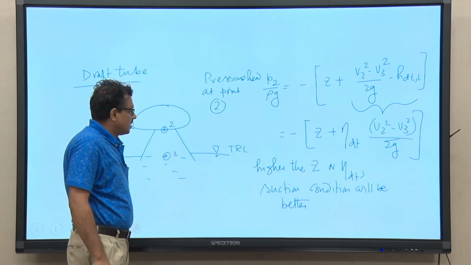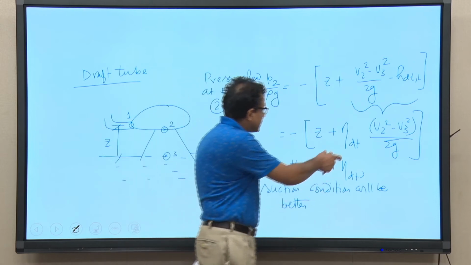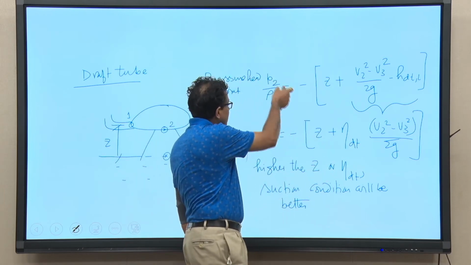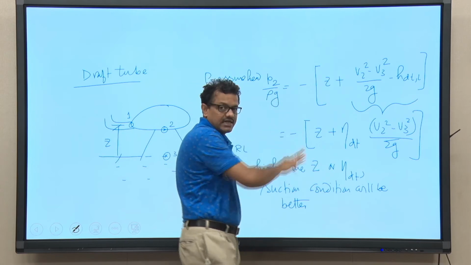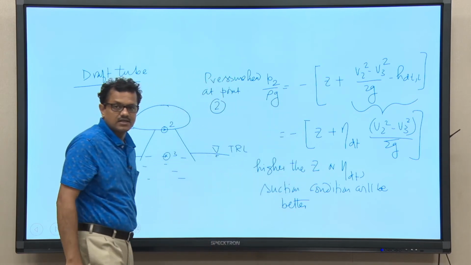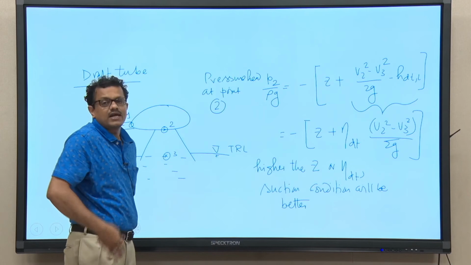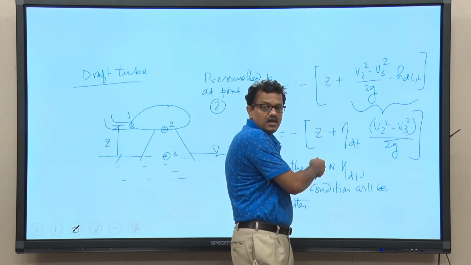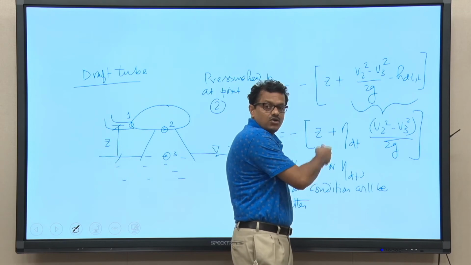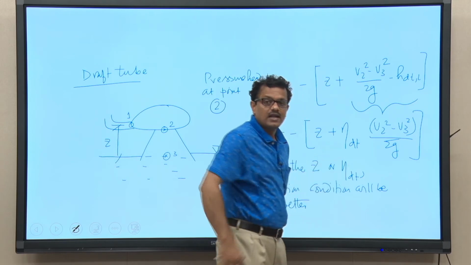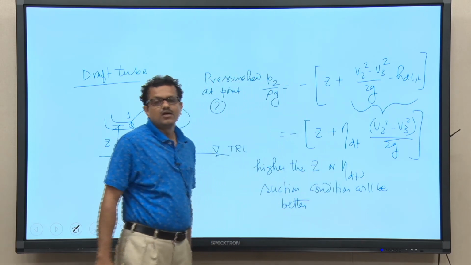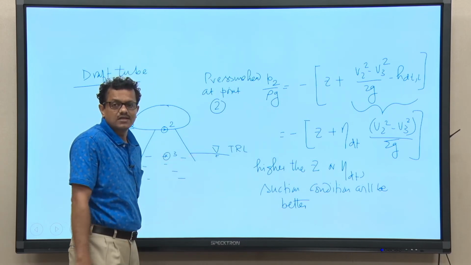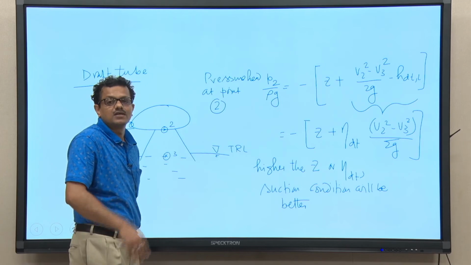Also, if we can increase eta dt, that is draft tube efficiency, we can increase the negative P2 by rho g. So, more will be the suction condition, but in reality we cannot do so. Neither can we increase Z drastically, nor can we look for an efficient draft tube. Though it is expected to have better suction condition, it will have several other problems.